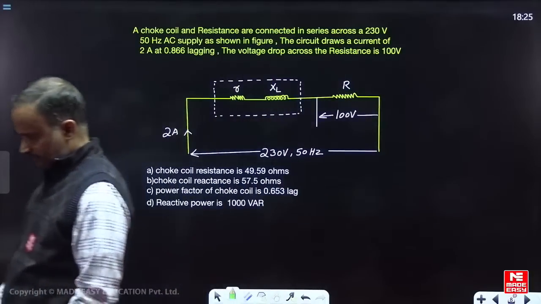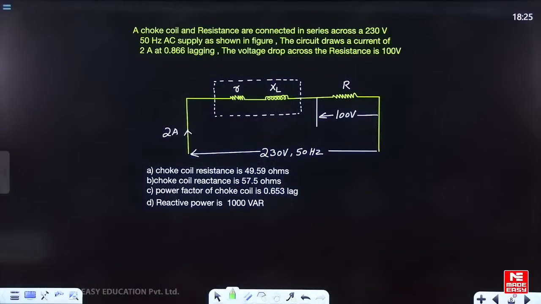Read this question. It is an MSc question, you have to read carefully. The steady state AC circuit questions you have to do a little carefully.